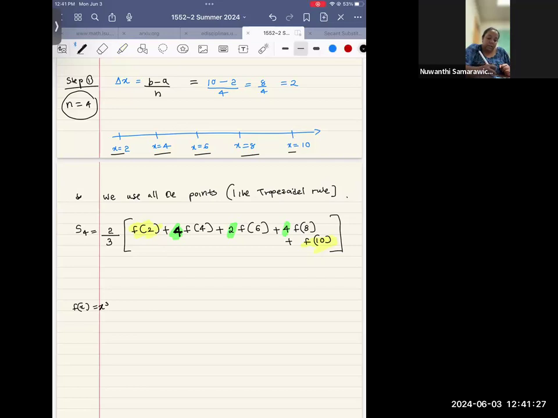What is the area? So we must have an even amount of, yes.